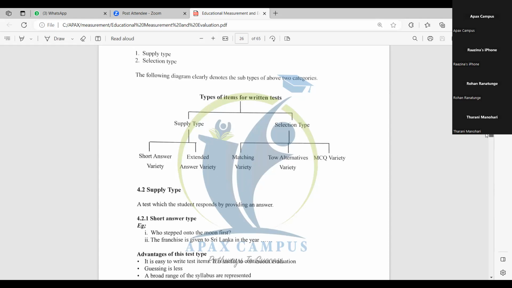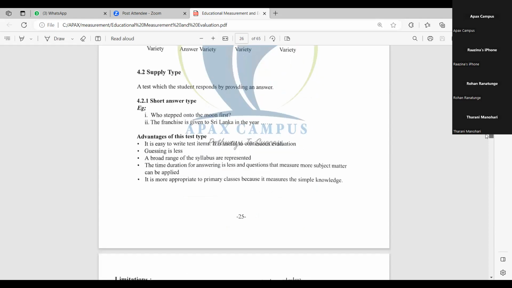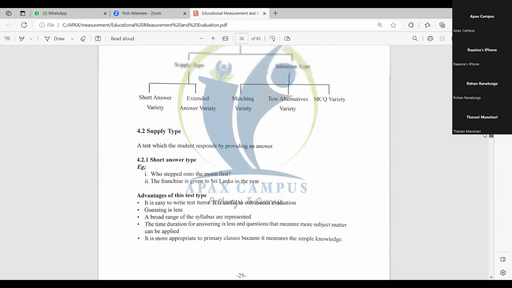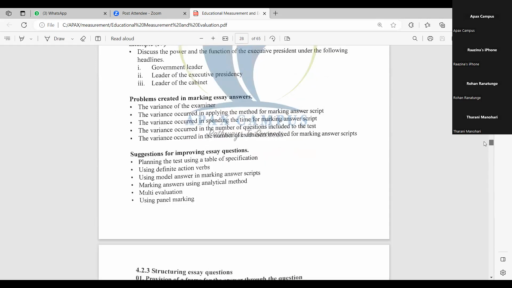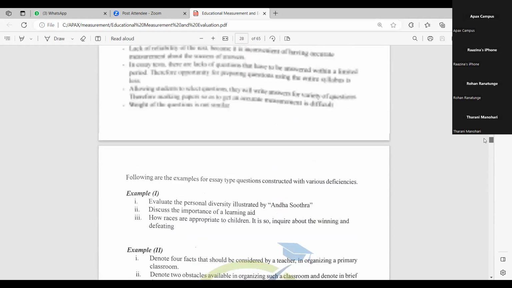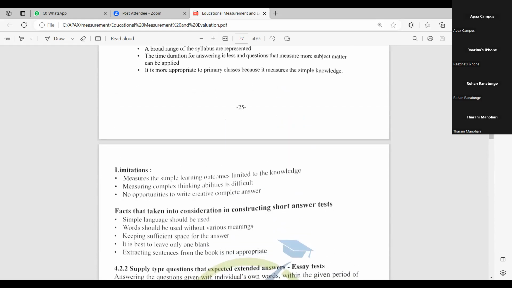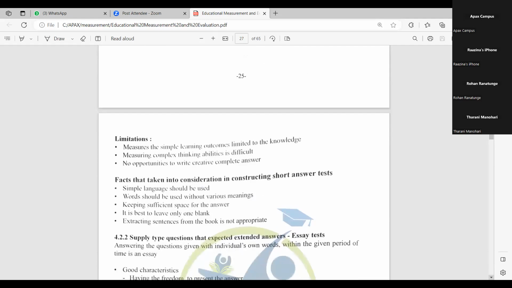Then the selection type: matching variety, two alternatives, MCQs. Then we discussed advantages, problems, limitations, and facts we considered.